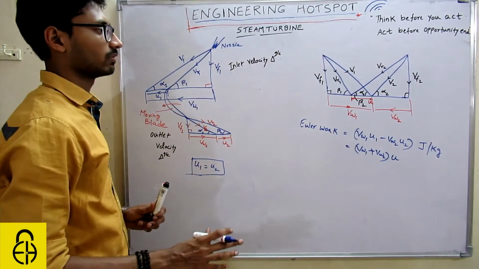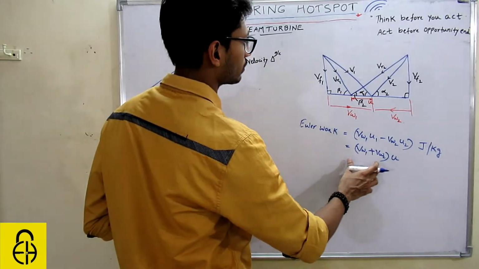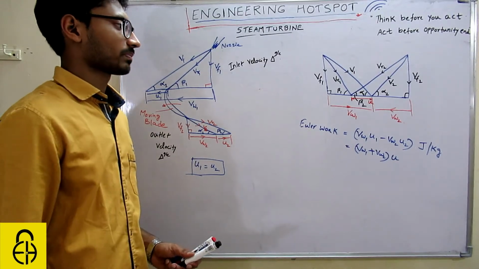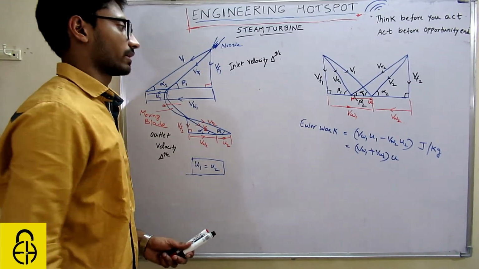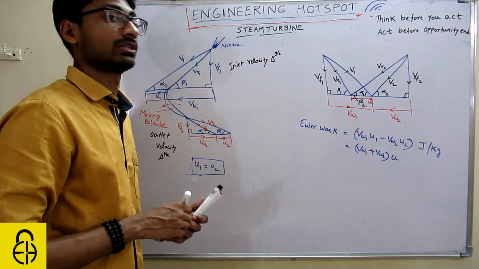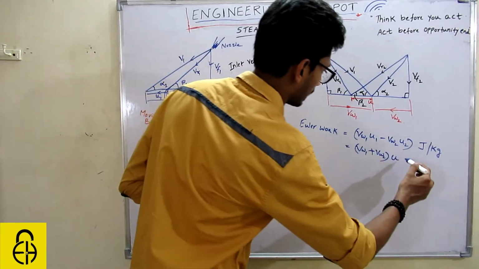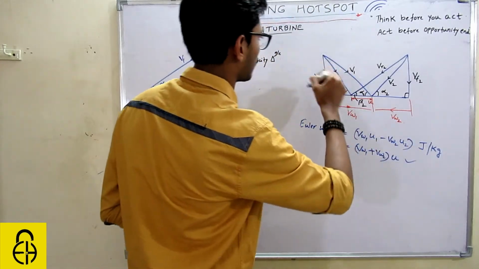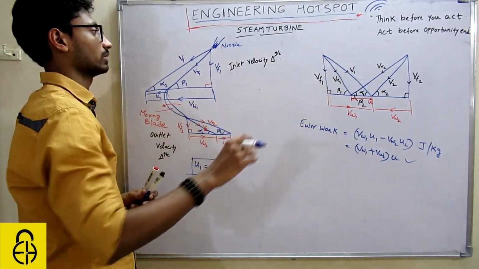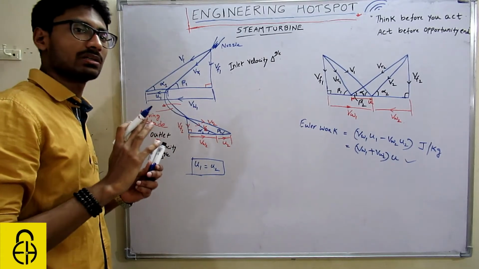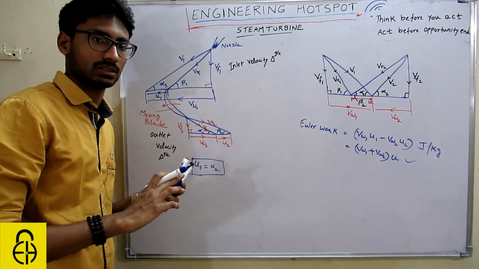So it will be VW1 plus VW2 into U, and this will give you the Euler work, the work produced by this turbine. You have to keep this in mind. This is the combined velocity triangle, common for both the impulse turbine as well as the reaction turbine.